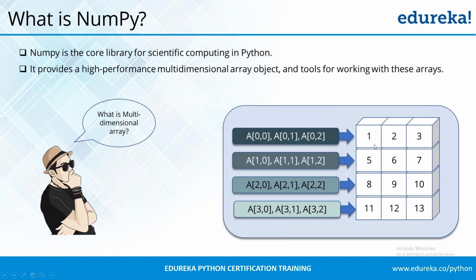Same way, A02 points to row 0 and column 2. Same way we have 1 0, which means now we are shifting to the first row and 0 column. And that's how we can create a matrix and print the entire matrix here as well.